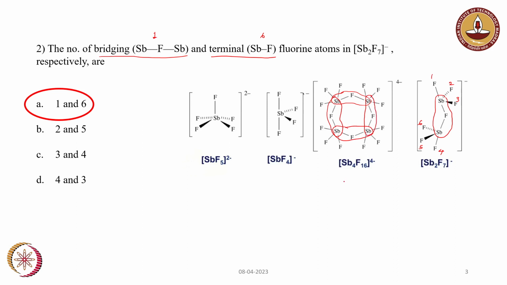So here Sb-F-Sb is 4, and again one antimony is bonded to 3 terminal fluorines. So there are 4 Sb, and for each 3 is present, so Sb-F terminals are 4 into 3, which is 12.